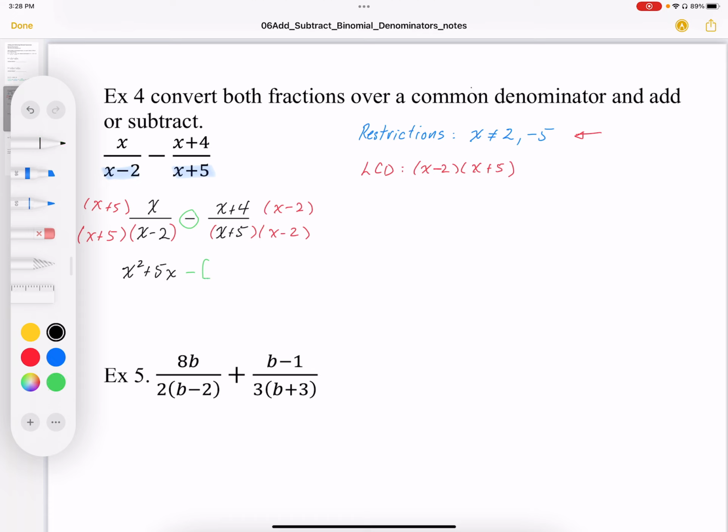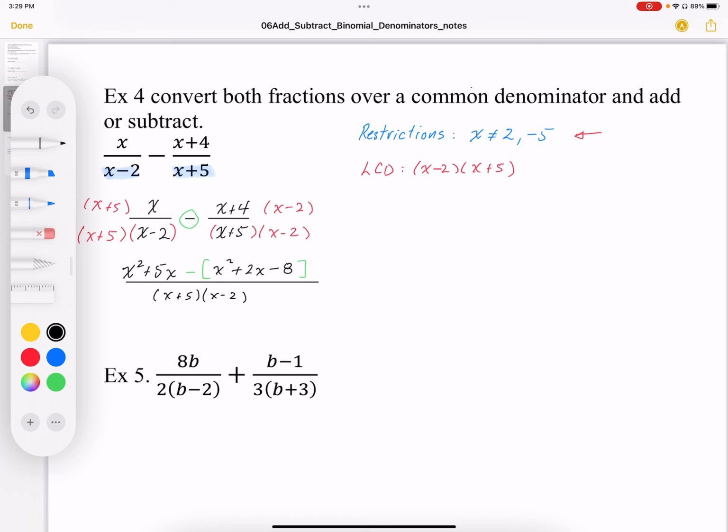So multiplying this together, I'm going to end up with x squared plus 2x minus 8. And that represents that grouping for that negative. And then that's all over the lowest common denominator of x plus 5, x minus 2. And I'm going to keep that in factored form.